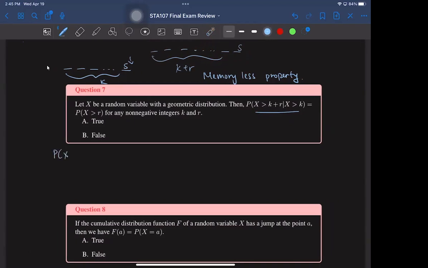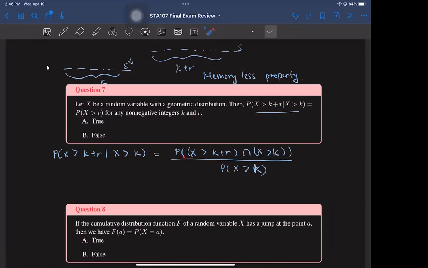Or you can deal with it mathematically. We have the probability that X is greater than k plus r given that X is greater than k. Here I use the conditional probability formula. So the conditional probability of two events is the probability of the intersection divided by the probability of B, like this, okay?